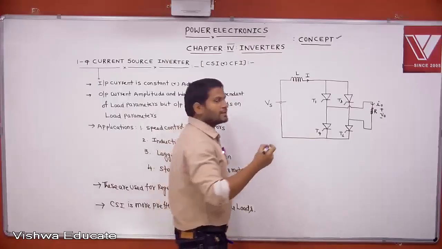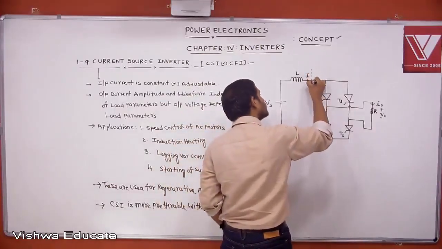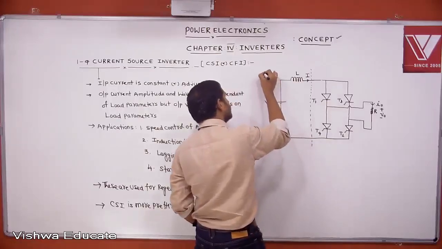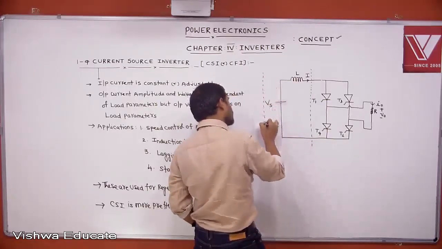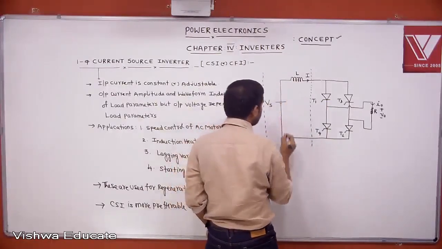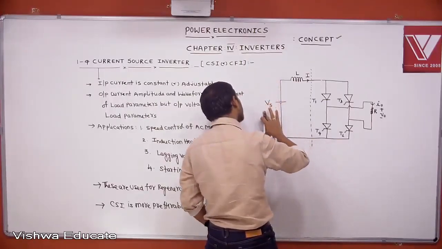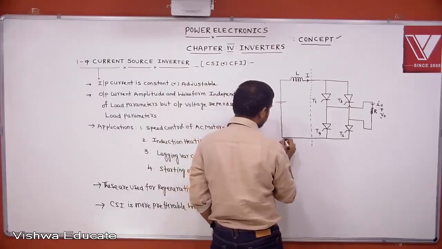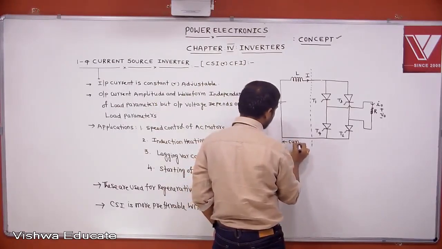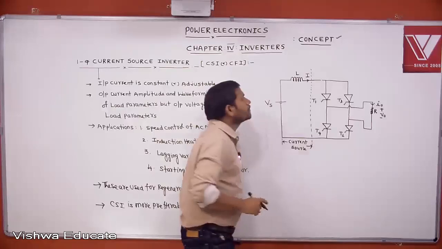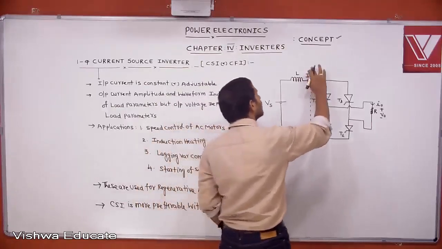A voltage source in series with a large inductor acts as a current source. That is a point to remember.